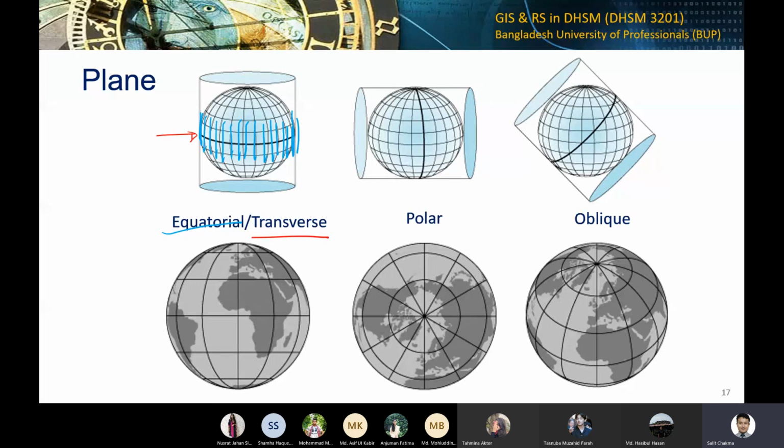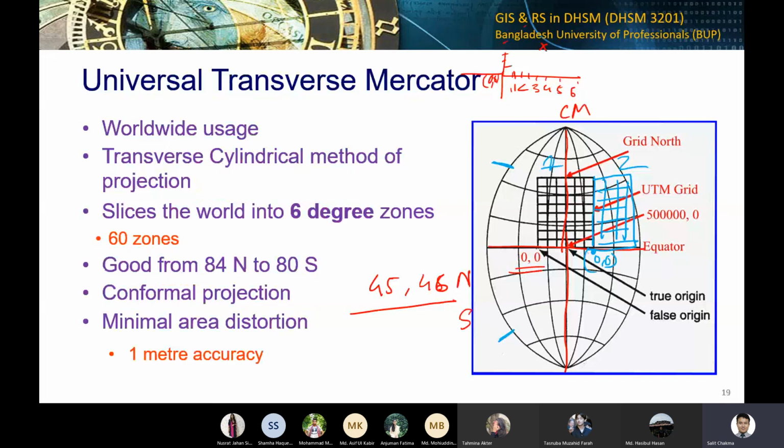So that leads us to the question, what is the error within this region, which we can calculate? The answer is only 1 meter. So we could have accuracy of 1 meter. Our calculations are very accurate in some ways, and it also has minimal areal distortion at this point.